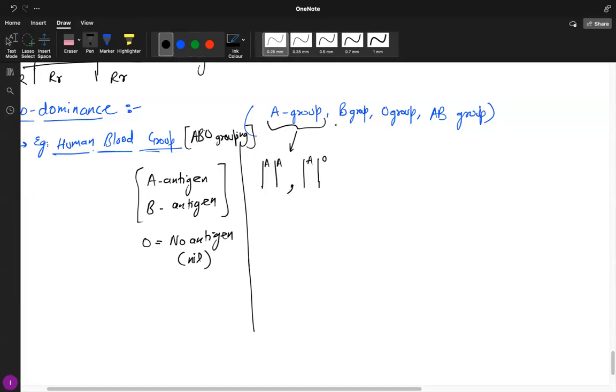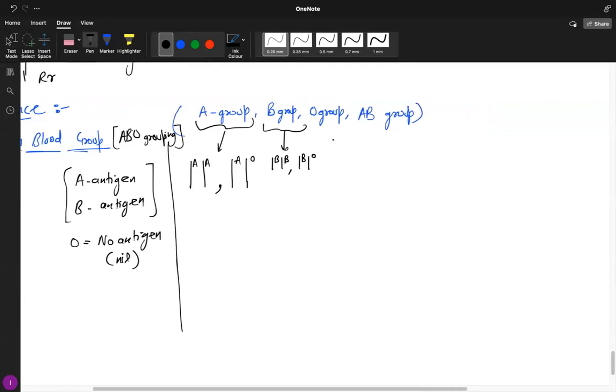Perfect. Similarly, for a B group, there are two ways to be a B group person. Either you get IB and IB from both parents, or you get IB and IO. Make sense? Yes, sir. What do you think will be the situation to become an O group?